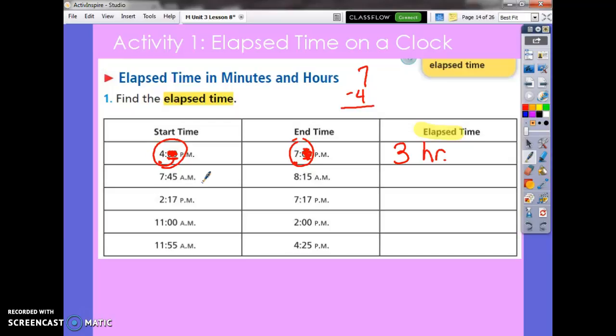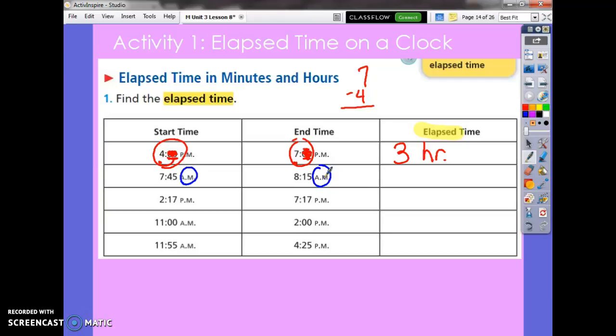So 7:45 to 8:15 a.m. It's important that I look at my label here because both are a.m. If I'm going from 7:45 a.m. to 8:15 p.m., that's going to be a much different answer. So when we look at elapsed time, it's really important that we pay attention to whether it is a.m. or p.m. Is there a difference, or are they the same? In this case, they're both a.m., which is good.